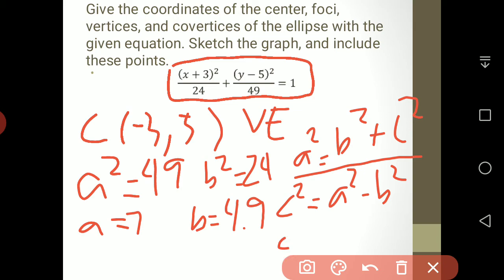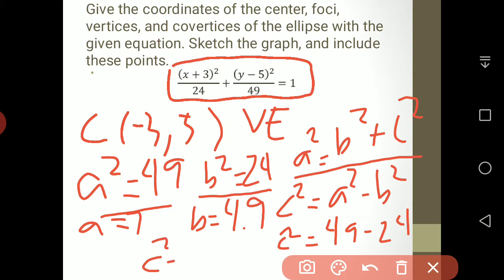So c squared will be 49 minus 24, which means that c squared is equal to 25, or c is just 5.